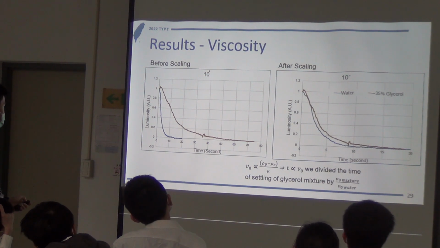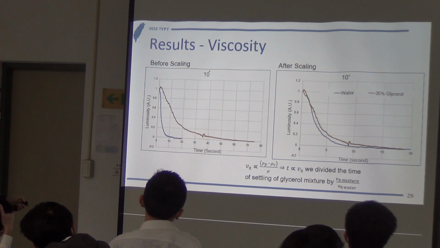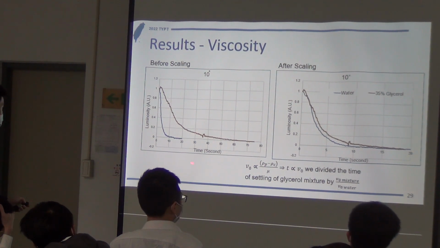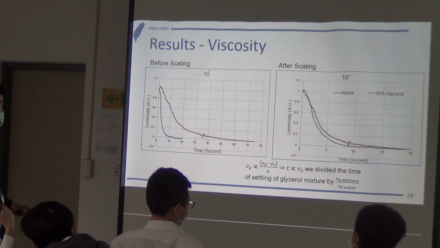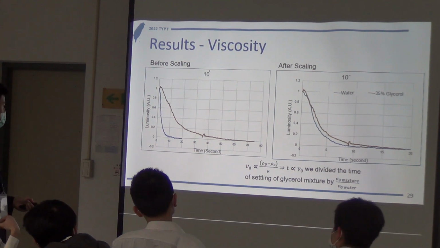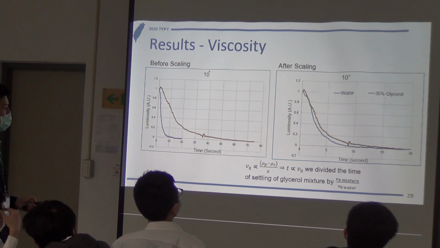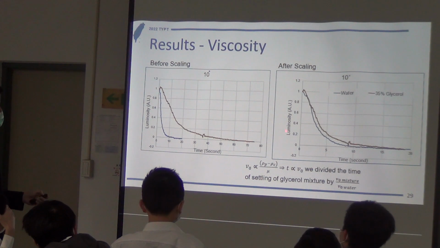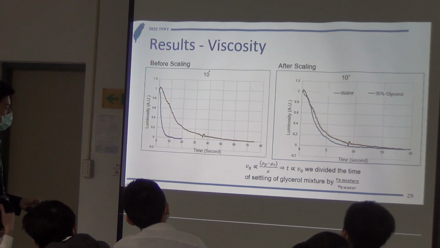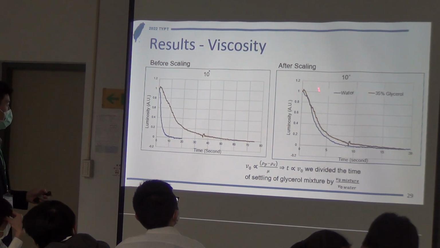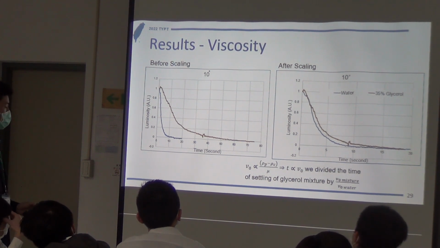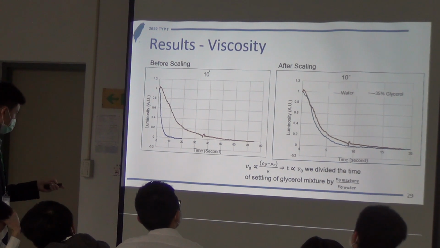And because we want to cancel out the effect of the individual particle velocity, we divided the time by the velocity of an individual particle. So let's say if a particle settles at 1 meter per second in one container, and it settles at 2 meters per second in the second container, then we will scale the time by 1 and 2. And if the Boycott effect is the same for these two containers, then these two lines should match.